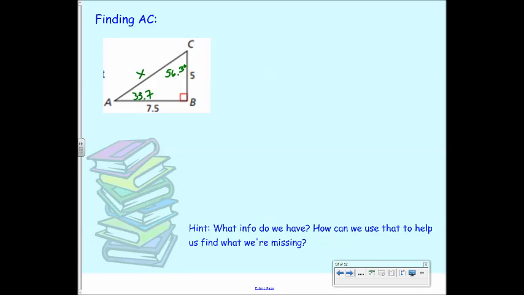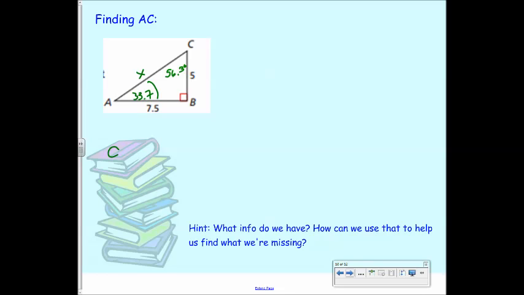Okay, so I know the adjacent, but I need the hypotenuse. So I can either use cosine or sine. I can't use tan because I already have both of those. Kiara, which one do you want to use, sine or cosine? Cosine? Okay, so we're going to do cosine of 33.7 equals, so what's adjacent to 33.7? 7.5.